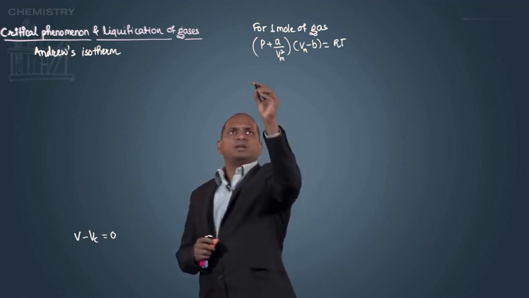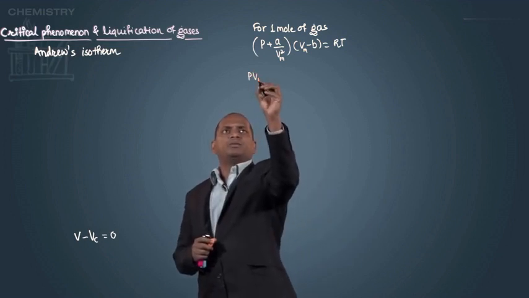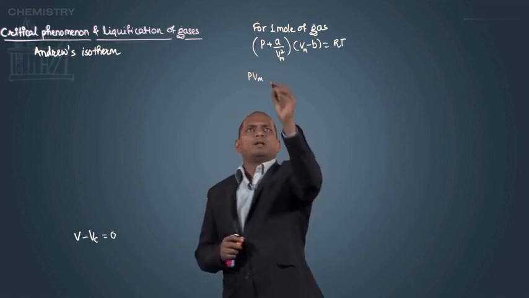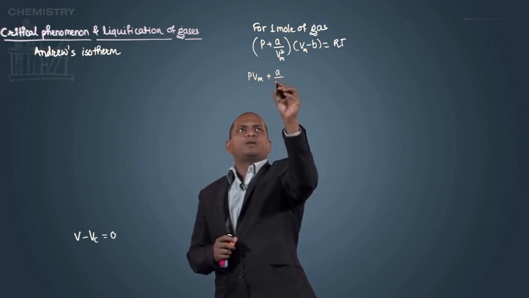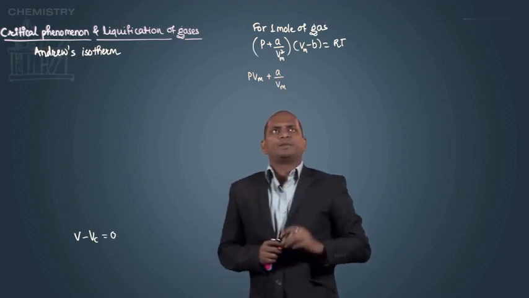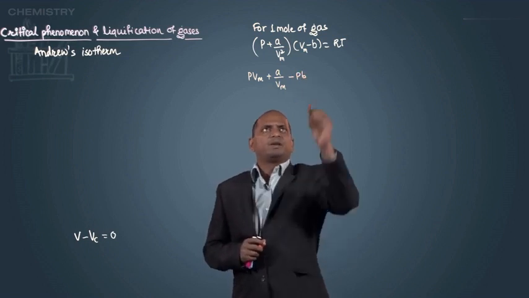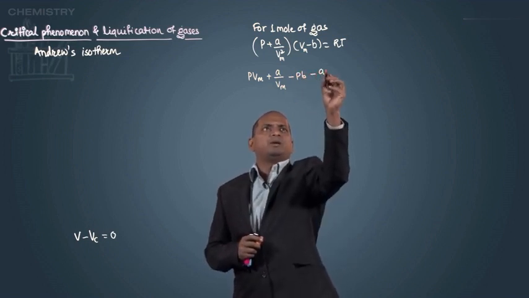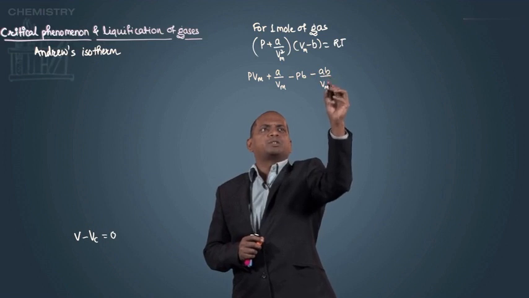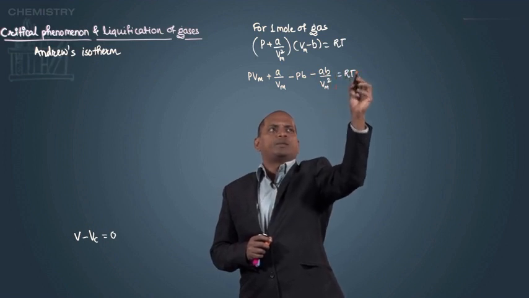After solving, I get PVm plus a upon Vm minus Pb minus ab upon Vm square, that is equal to RT.